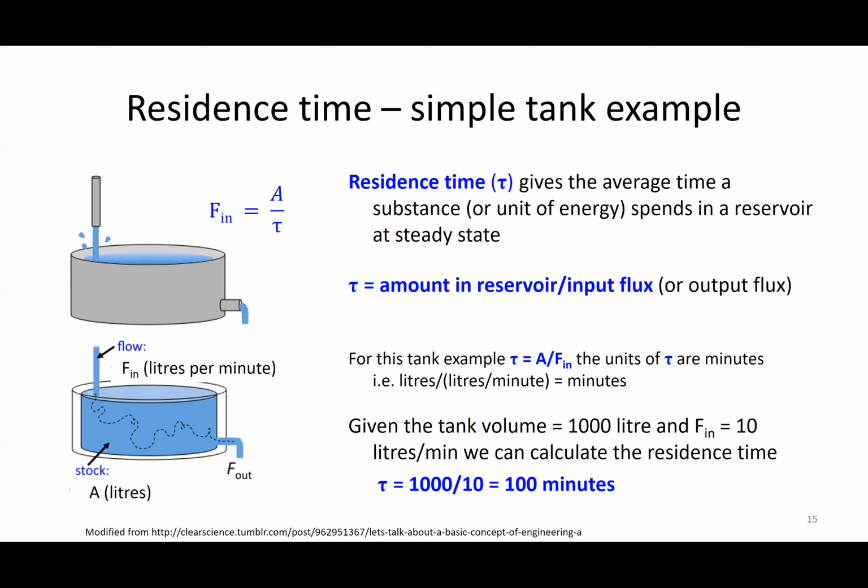So given the tank volume of 1,000 litres and the flux in equals 10 litres per minute, we can calculate the residence time tau equals the amount, 1,000 litres, divided by the flux in, which is 10 litres per minute. And so the residence time is 100 minutes, or the average amount of time water spends in the tank is 100 minutes.